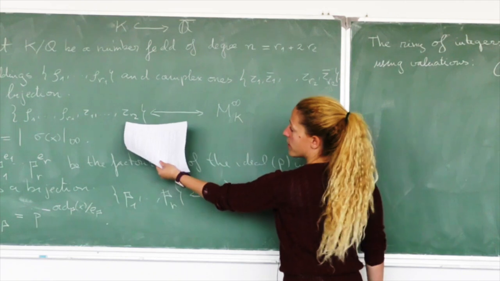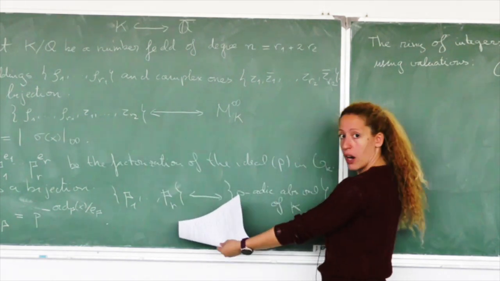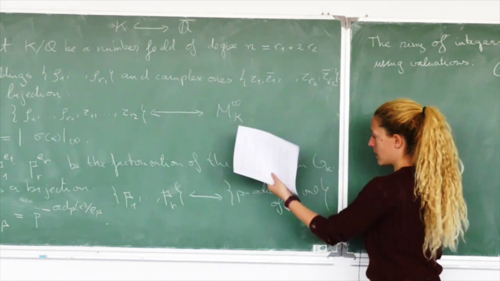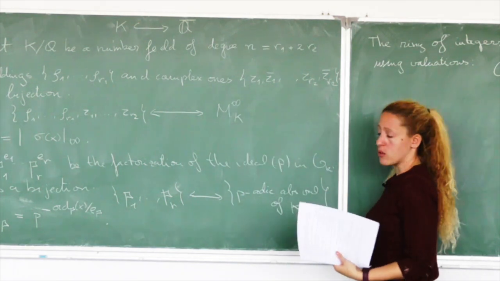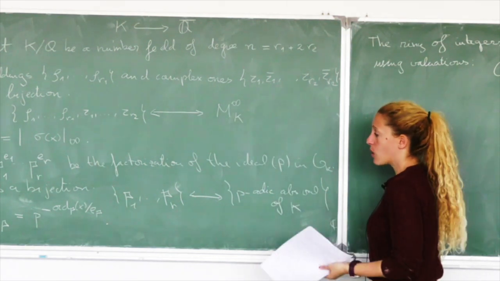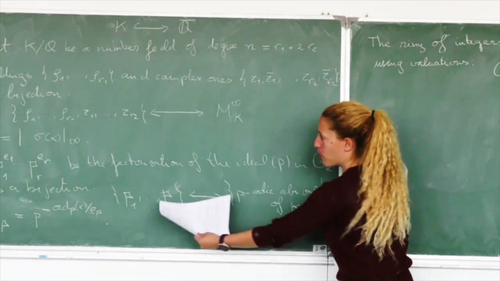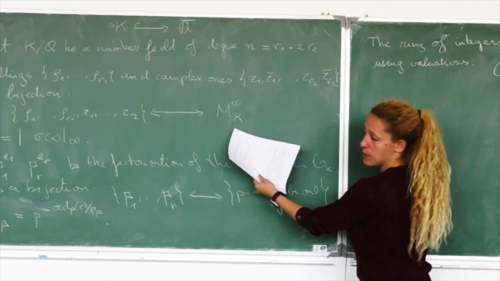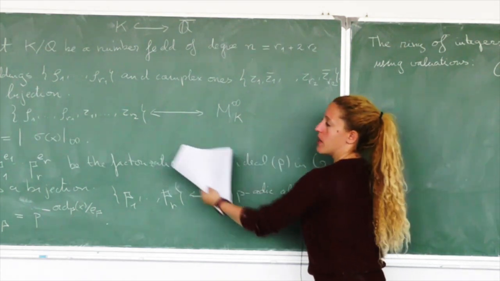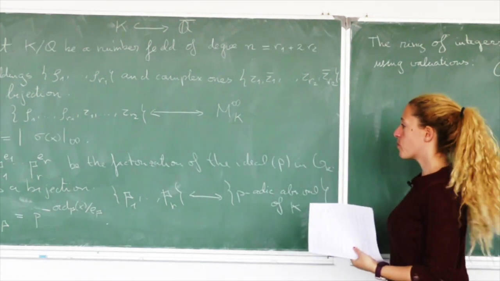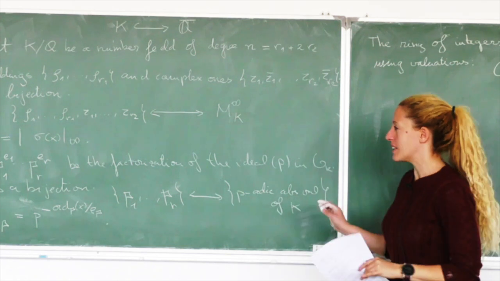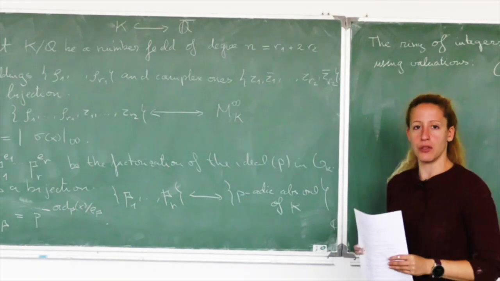If you start with such an embedding, or such a prime, then you actually get such a valuation. This is by construction. What you have to prove is that all p-adic valuations come from a prime like this, and that all Archimedean valuations come from an embedding like this. You have to play a little bit with this, and it's not that difficult.